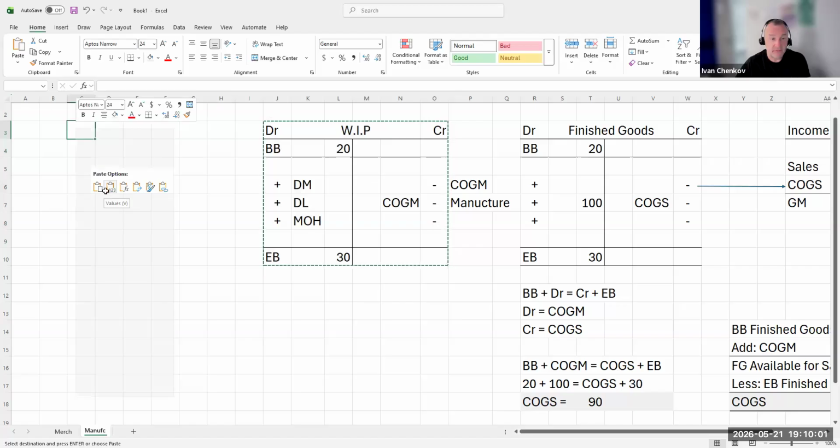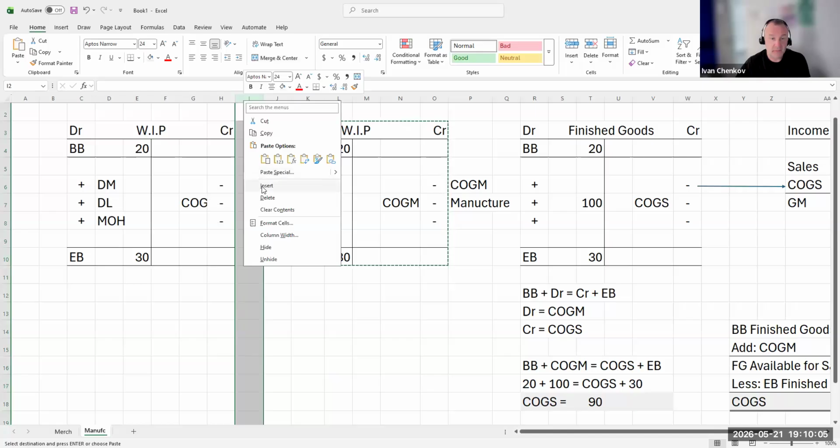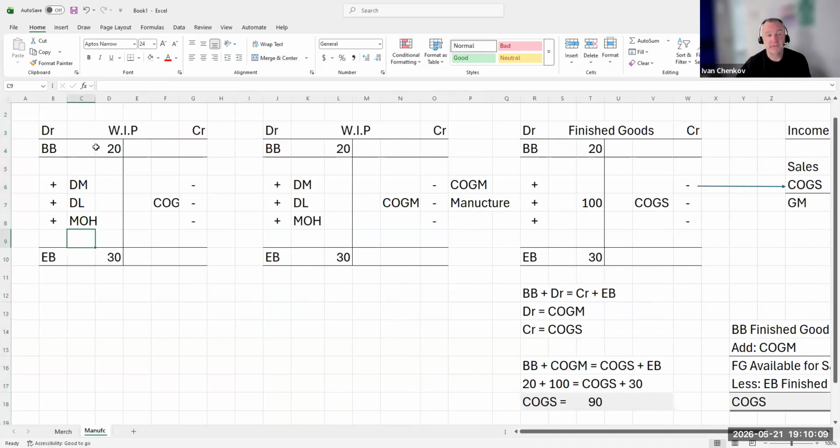Let's see if this is going to solve my problem. It's kind of, no. I need one more column here, and I need to delete one column here. So my first account in the manufacturing company will be raw materials. Why? Because I have to get the material. If I don't get the material, I cannot produce anything.